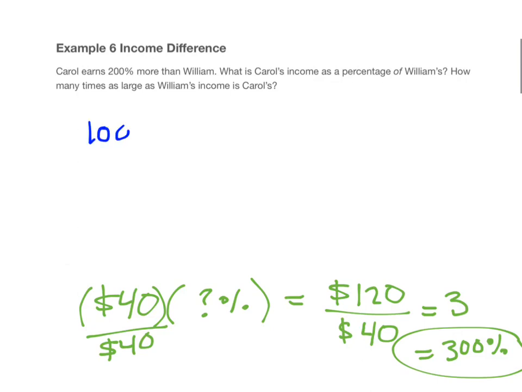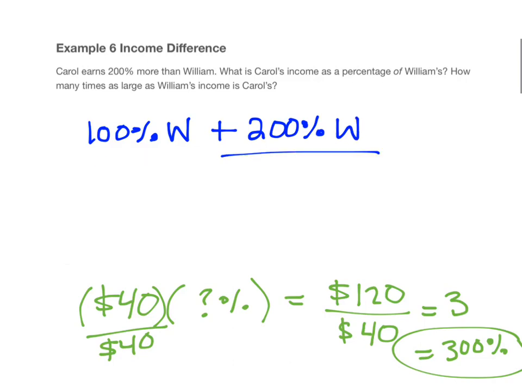In other words, not only does she earn 100% of William's salary, but in addition to that, she also earns another 200% of his. So 100% of William's plus an additional 200% more, and if you add those together, you get 300%. So she earns 300% of his salary.